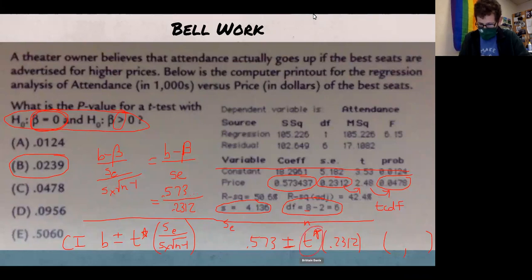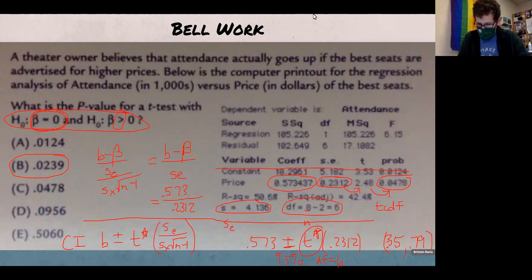So if there's a 95% confidence interval with 6 degrees of freedom, then we could figure out the t star and go from there. But let's say that we have a low end of about 0.35 and a high end of 0.79.